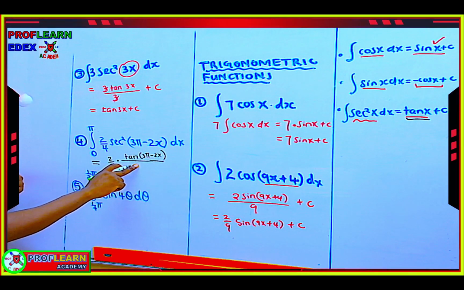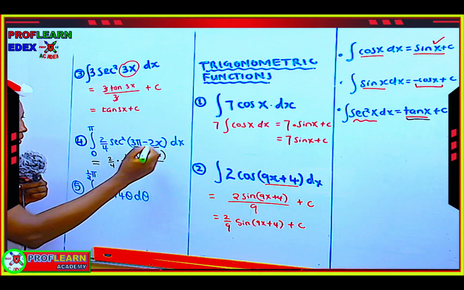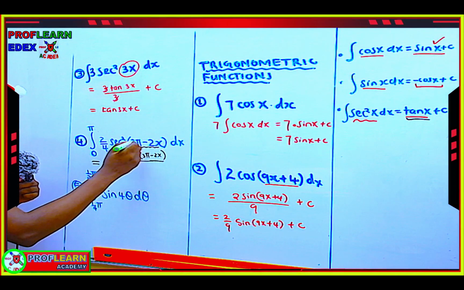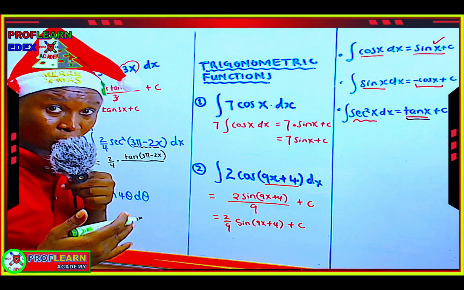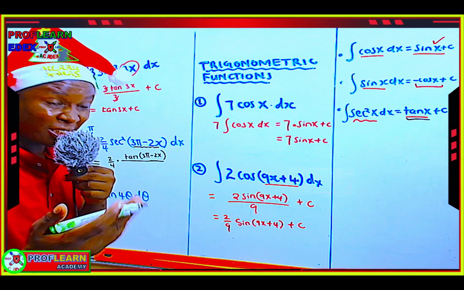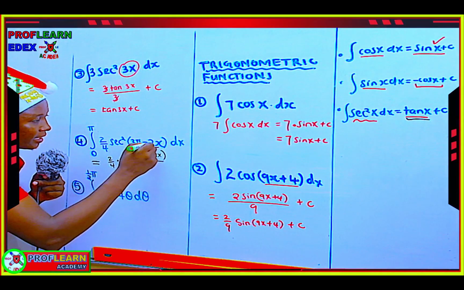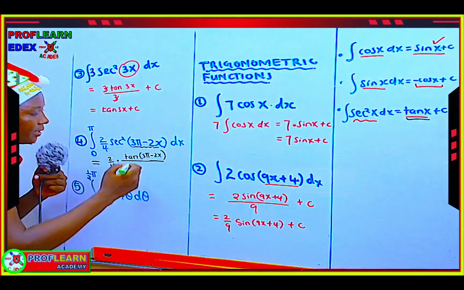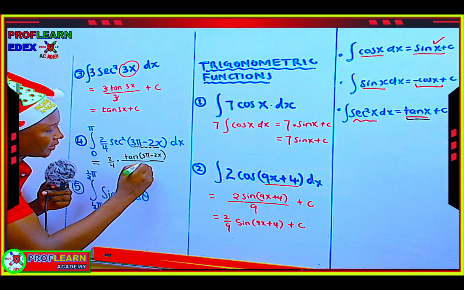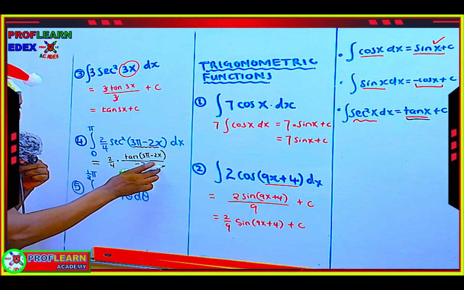Then we shall divide by what we get when we differentiate this part. Differentiating 3 pi, 3 pi is a constant. When you differentiate a constant, you get 0. Then differentiating negative 2x, you are going to get negative 2. Then we shall divide by it, and then we shall say plus c.